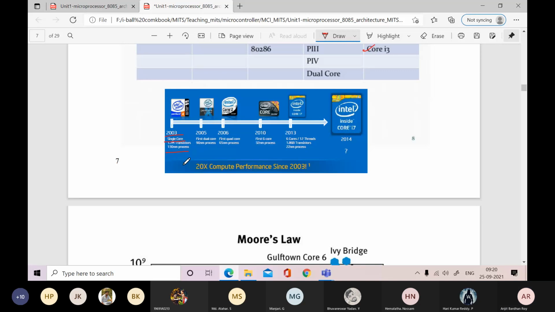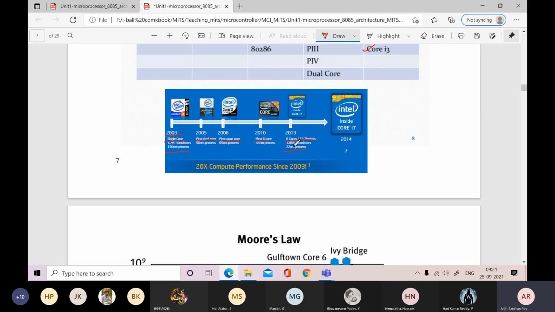Now the first dual core microprocessor was there, then the first 6 core, in 2013 6 core, 12 threads, with a 22 nanometer process, like that.